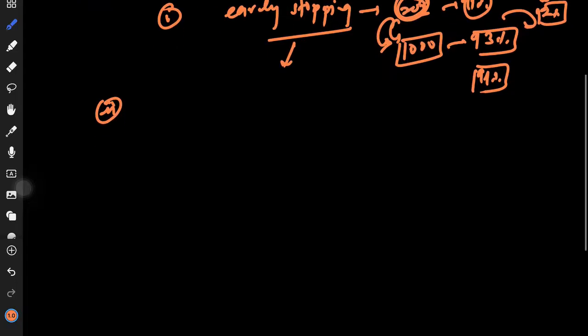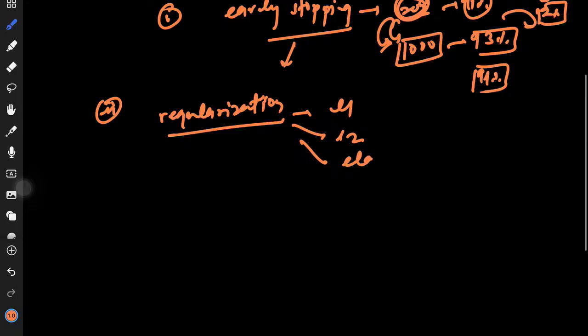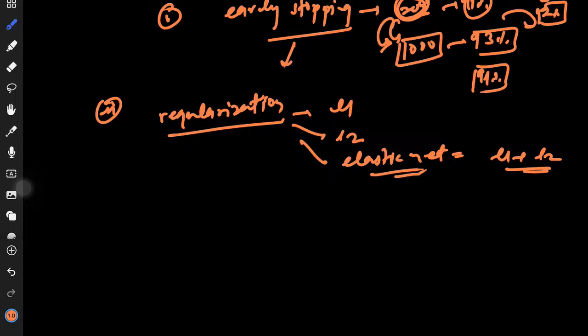The second method is regularization. There are various ways to regularize. The first one is L1 regularization, then L2 regularization, and then elastic net. In elastic net we use both L1 plus L2. L1 means lasso, and L2 means ridge.